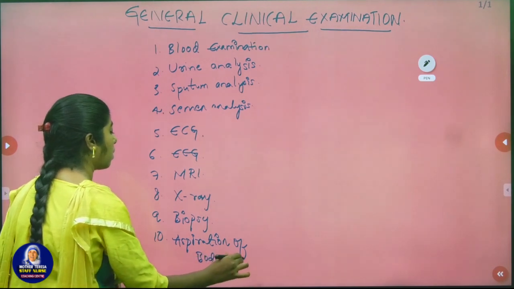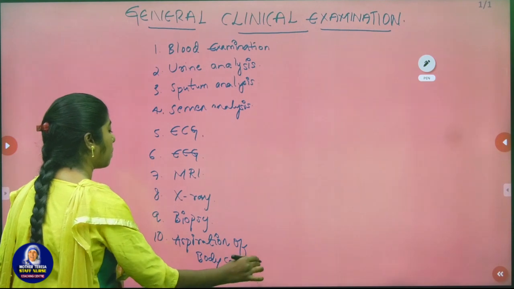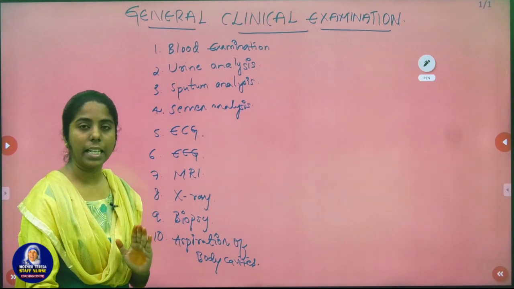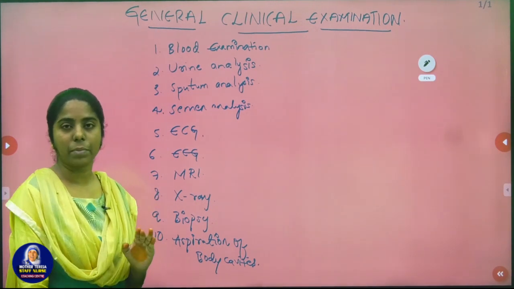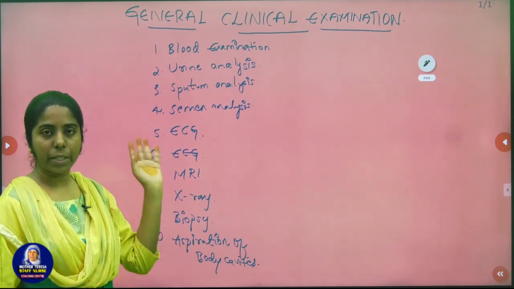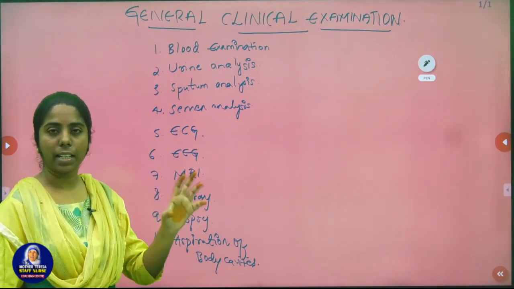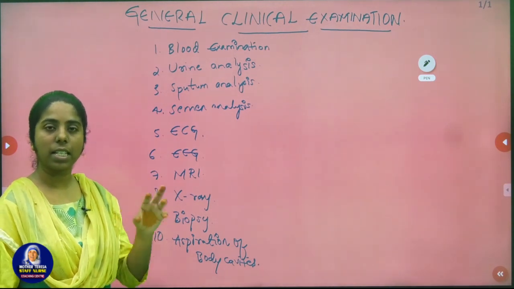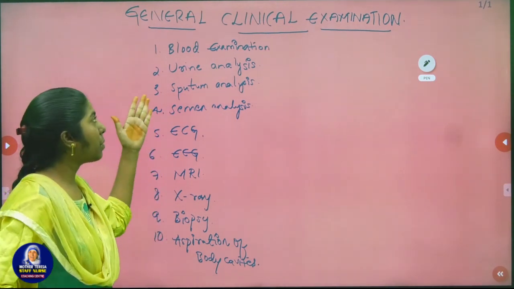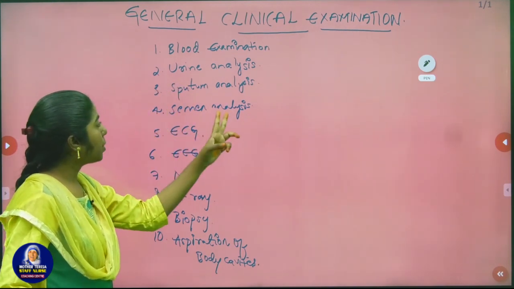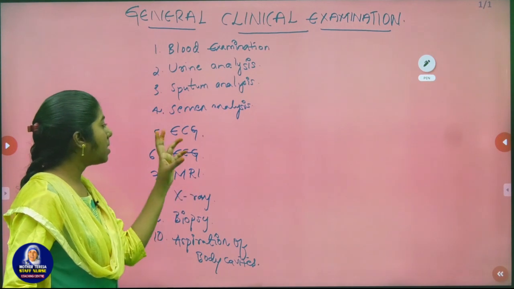Yes, these are the 10 most important clinical investigations, clinical examinations or laboratory procedures which you perform for a particular client, or to rule out a specific disease in a hospital. So first is blood examination, then urine analysis, sputum analysis, semen analysis, and ECG.